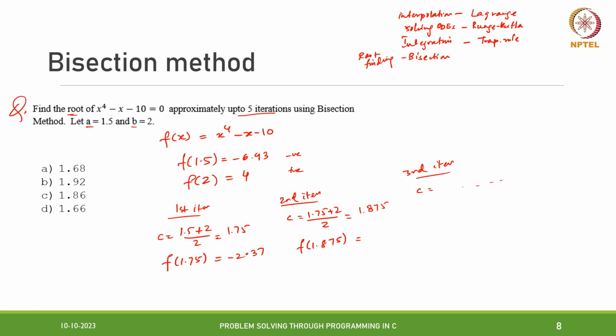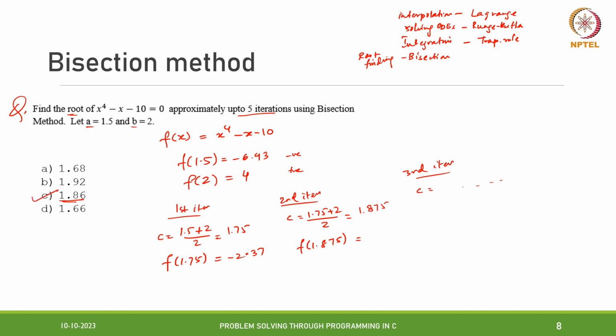So by that time, in the fifth iteration, whatever midpoint value of c you calculate, that will be your answer here. If you do that, probably you will get an answer of 1.86. Yeah, that is correct.